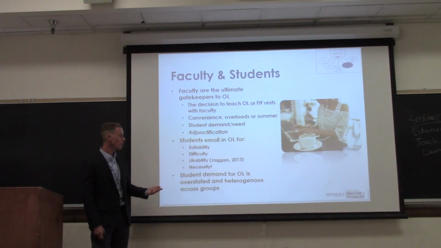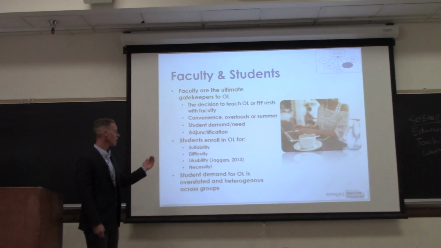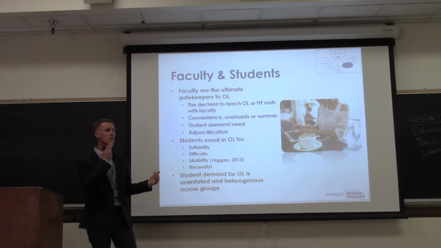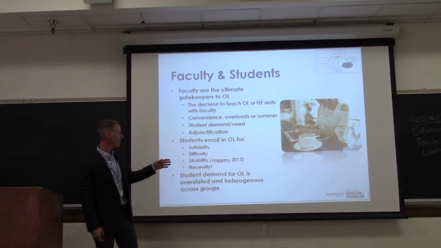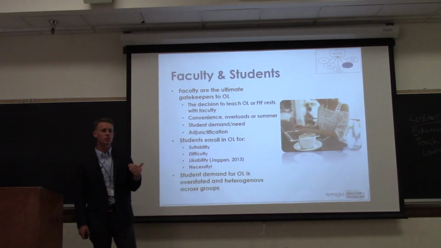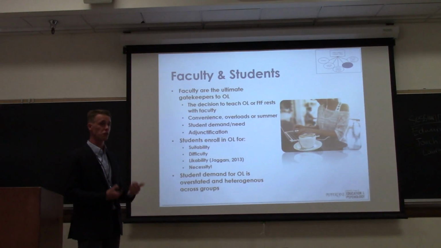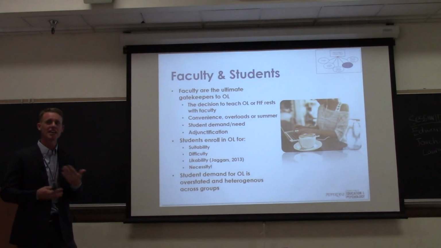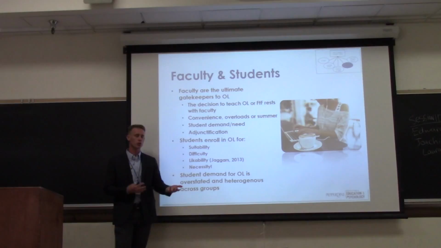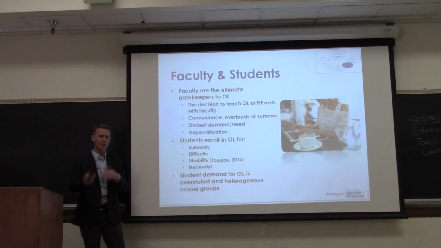Students also have a voice in the matter. Shauna Smith-Jaggers at the Community College Research Center has done some great qualitative research that has found that students are enrolling in online classes for 3 main reasons. Like the decision is based on 3 factors. One is like, is this course suitable to learning online? Is there a lab component?